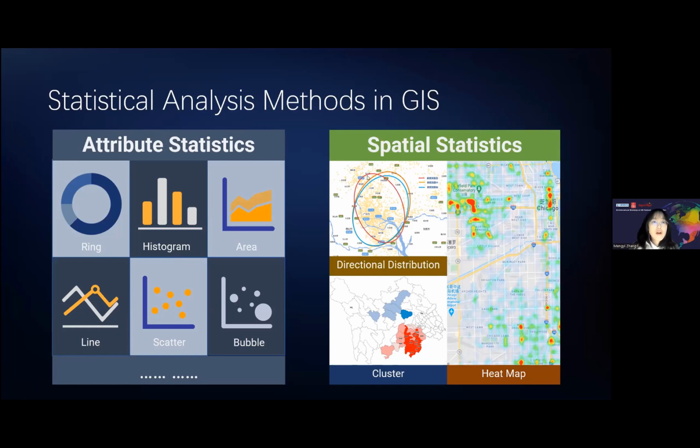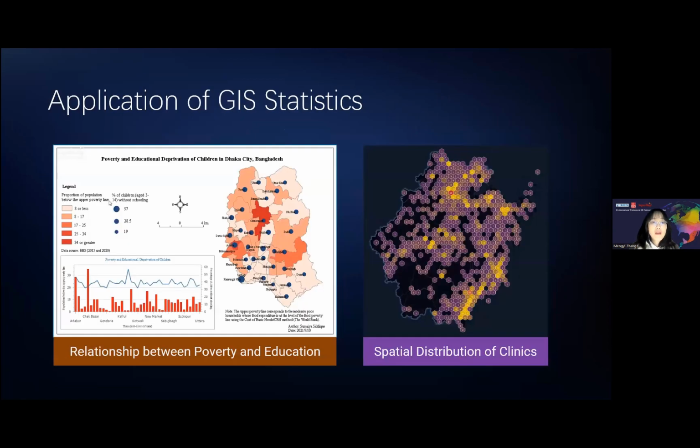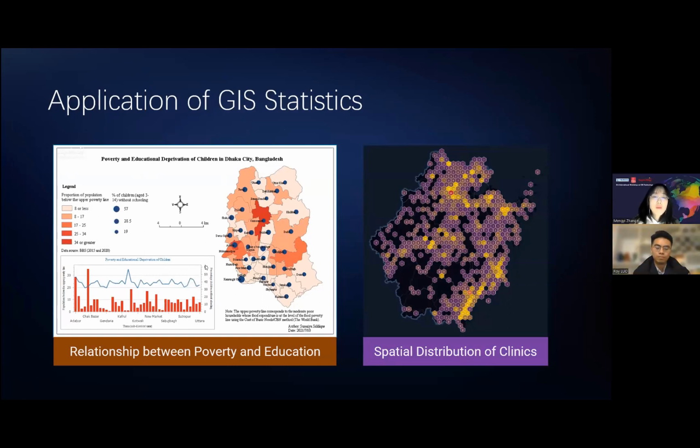And here are some examples of GIS statistics application. On the left, we can see that here we put a graphic in the map so that it can demonstrate the relationship between poverty and education.